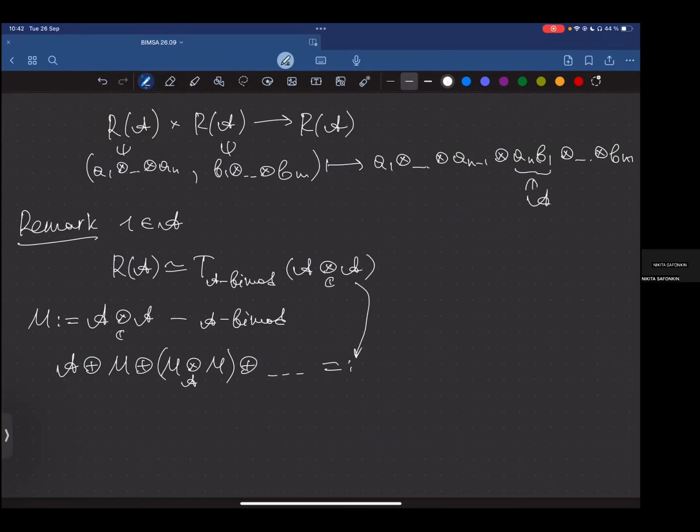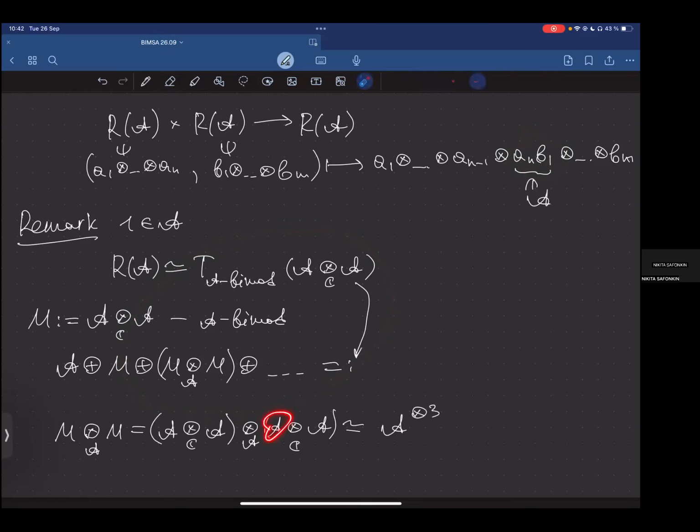And let me just explain how this multiplication in A appears in this construction. It is due to the following fact. If we consider m times a, m over a, then it's just a cubed, of course, right?